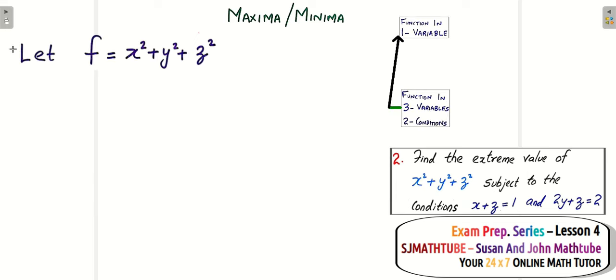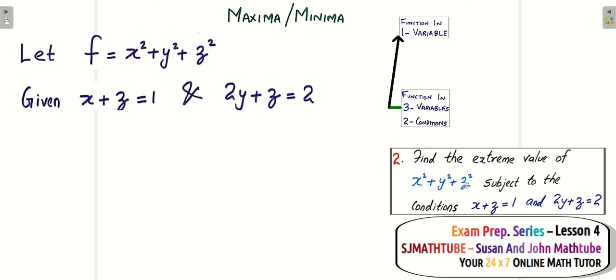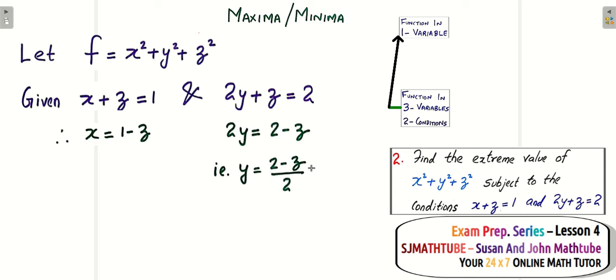Let's give the given function a name, that is x square plus y square plus z square, and let's write the conditions. From the first condition I'm going to extract the value of x and put it in terms of z. And from the second condition I'm going to extract the value of y and put it in terms of z.